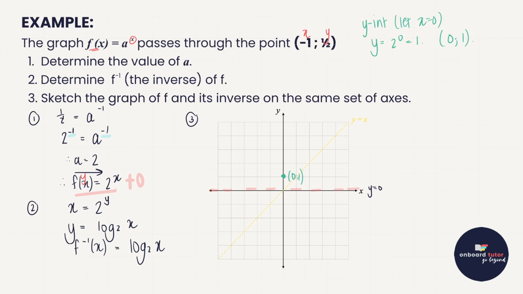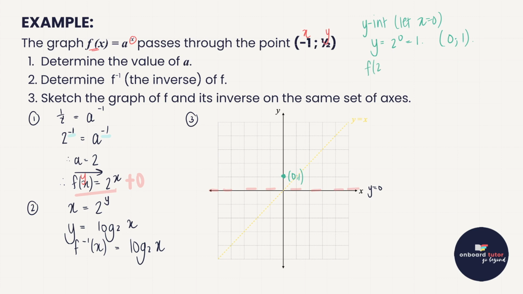Okay, and then I can choose any other coordinates. I already have a basic idea because I can see that this is a whole number bigger than 1, so it's going to be an increasing function, but it is always better to have at least 2 points when you plot. So let's go with the point 2, and we're going to substitute in, and we're going to see what we get.